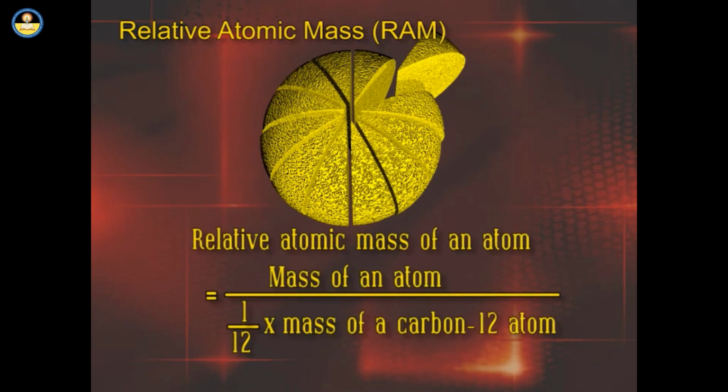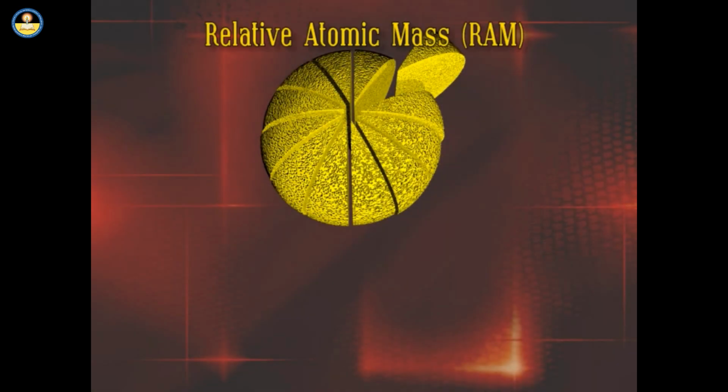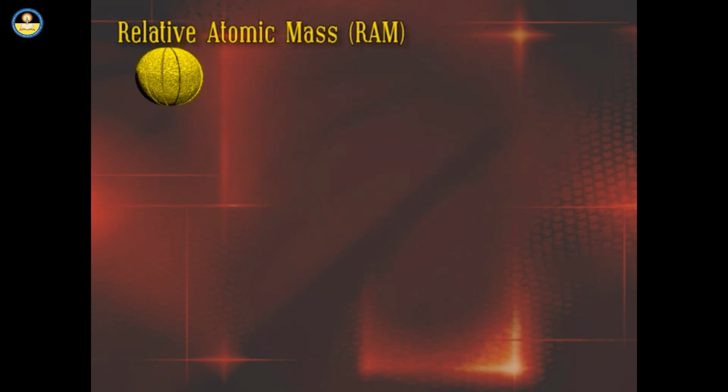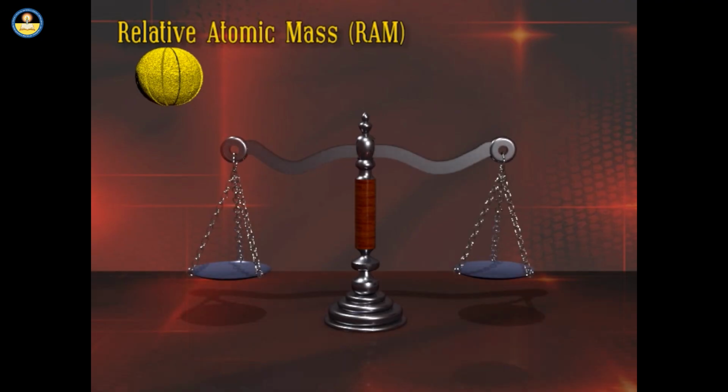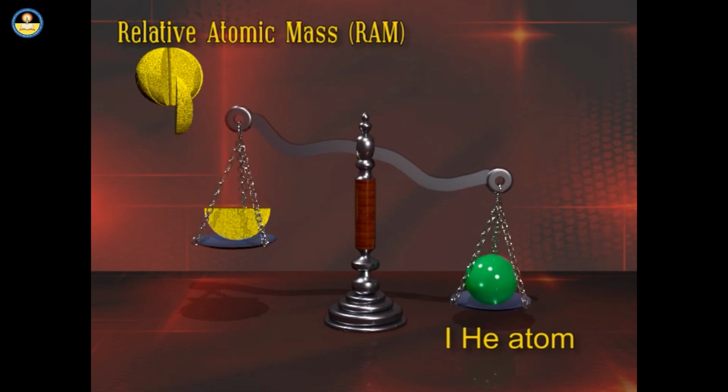Relative atomic mass is equal to mass of an atom divided by 1/12 of the mass of one carbon-12 atom. Let us explain relative atomic mass with the help of an example. We take a beam balance. Next, we place a helium atom on one side.